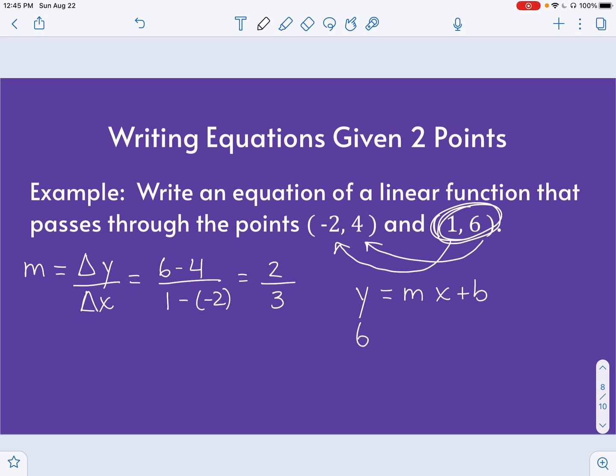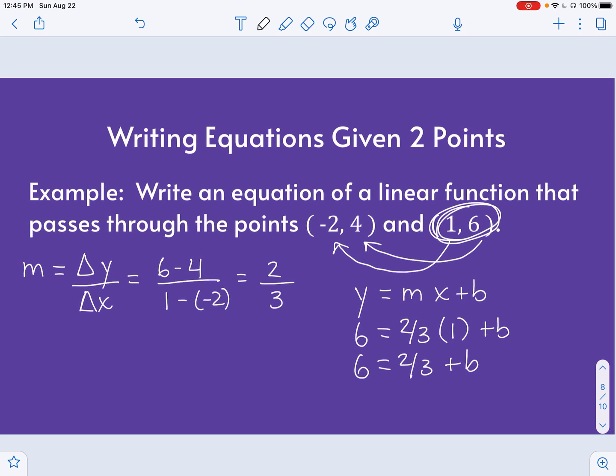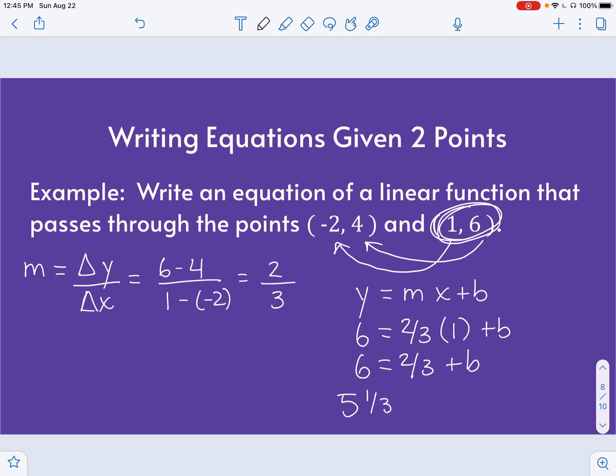So I'm going to put 6 in for y, 2/3 in for slope, and 1 in for x. So I'm going to get 6 equals 2/3 plus b. If I subtract 2/3 from 6, I get 5 1/3, or if you prefer, that's equivalent to 16/3.